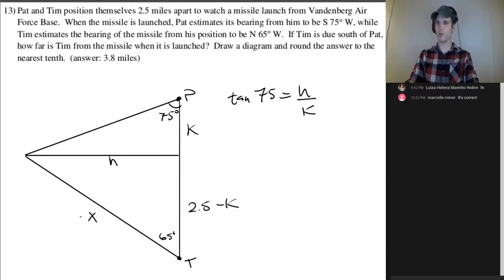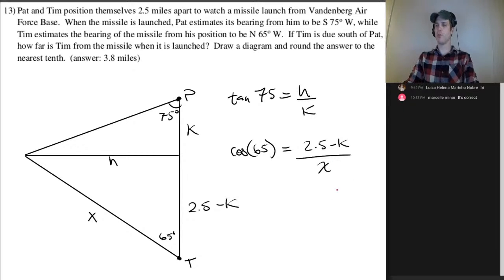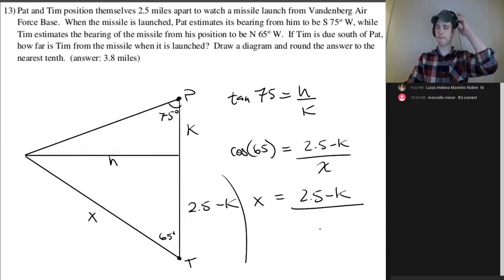So the other one, we want the cosine of 65 to be equal to 2.5 minus K over X. So that's how we get X involved. So let me solve for X here. This gives us X equals 2.5 minus K over cosine of 65.